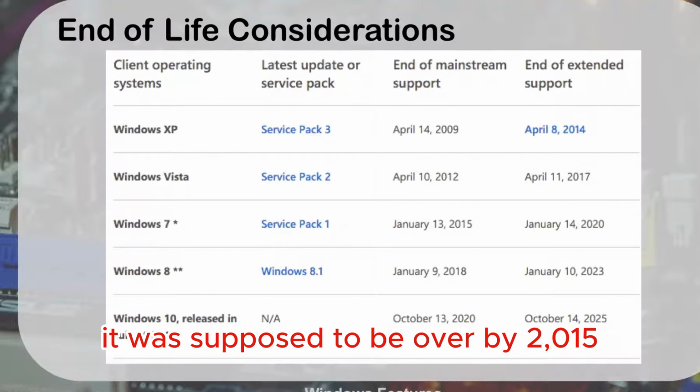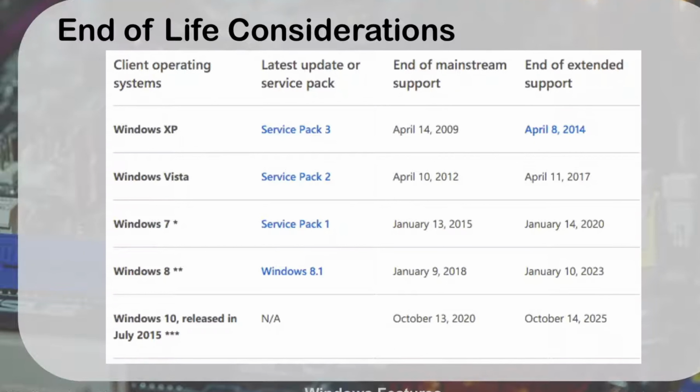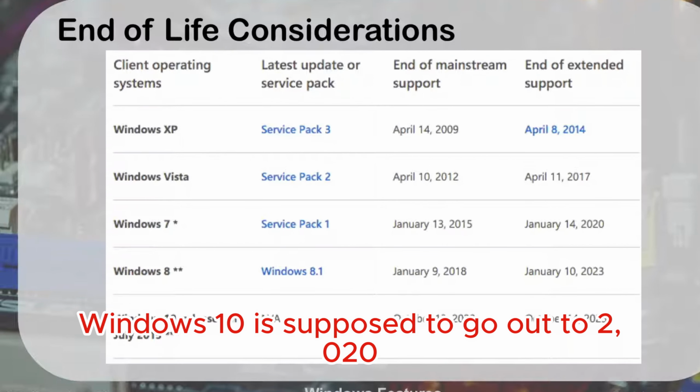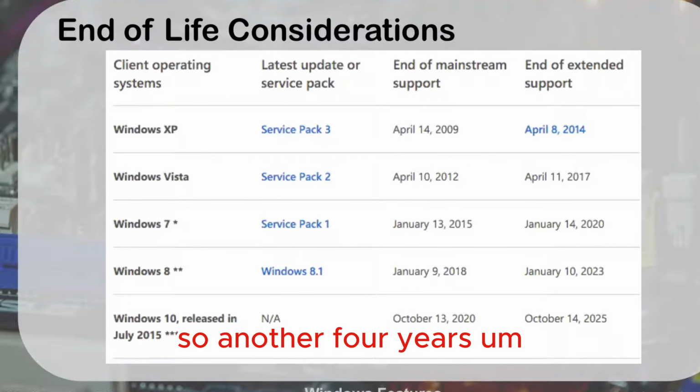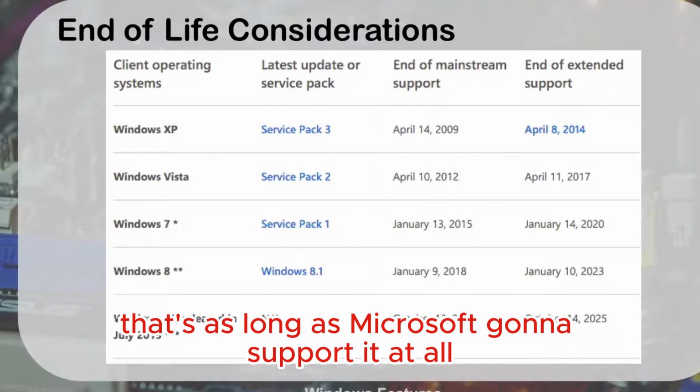Windows 7 was supposed to be over by 2015, which is when Microsoft wanted to push up to Windows 8. Windows 8 is supposed to end in 2 years, in 2018. And then right now Windows 10 is supposed to go out to 2020. So another 4 years. If you look at the extended support, that's as long as Microsoft's going to support it at all, right?